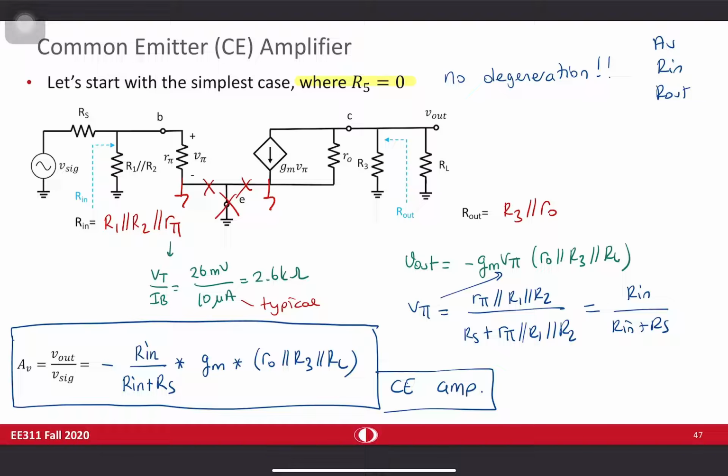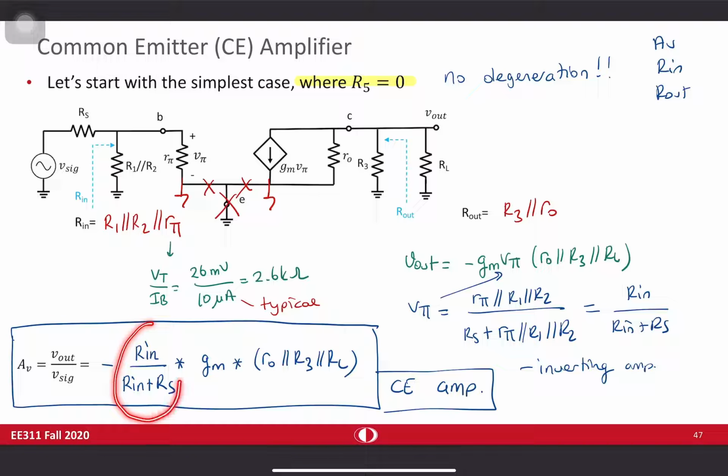So let's discuss this result. First of all, we have a negative sign. So this is an inverting amplifier, like the common source one. So let's write it somewhere in here. We have an inverting amplifier, exactly like the common source one.